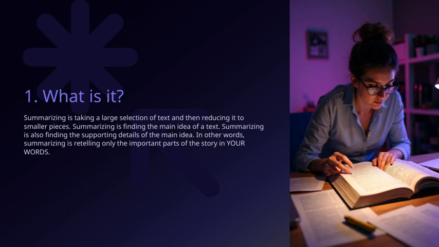In simple terms, summarizing is like retelling the story or the information using only the important parts, and you do this in your own words. It's a way to grasp the core message without getting lost in all the details. Remember, when we summarize, we're focusing on capturing the essence of the text, which connects directly to our overall goal of understanding and communicating information clearly and efficiently.